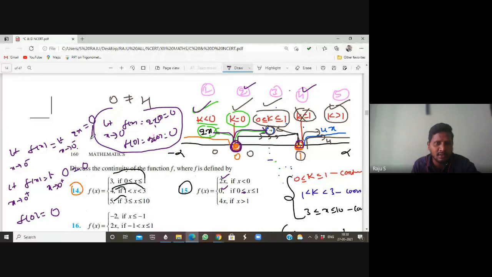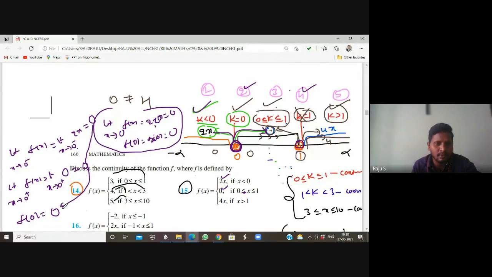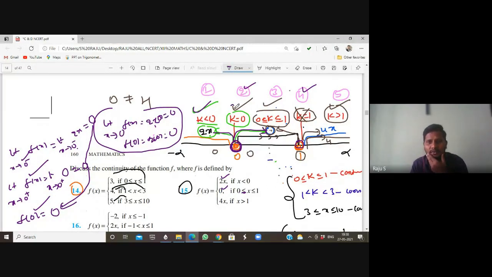All three values are the same: left hand continuity, right hand continuity, and function value at 0 are all the same. At 0 it is continuous. But at 1 we will get a different result.